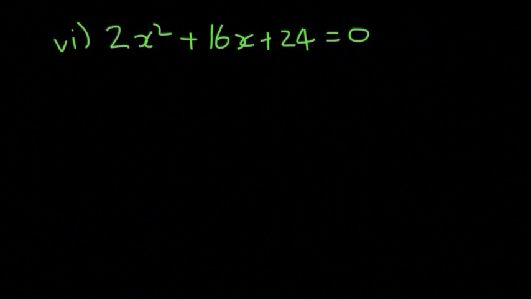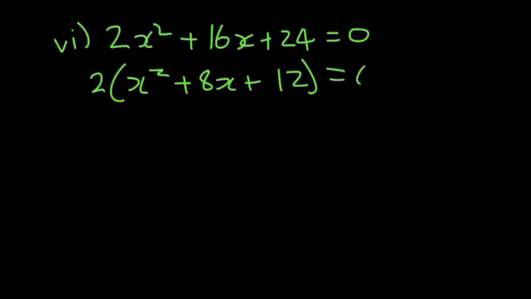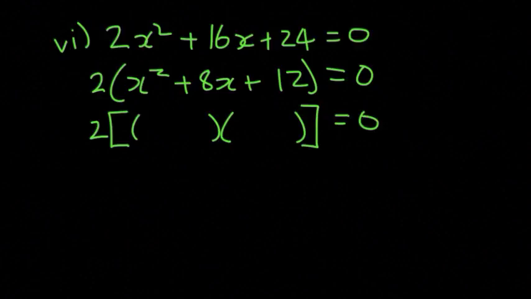In this example, the really important point is that we always need to take out a common factor whenever possible. The common factor in this quadratic equation is 2, so we're going to take out that common factor. We'll have x squared plus 8x plus 12 equals 0. Now I'm going to factorise that quadratic expression, and we'll have 2, and we'll put some square brackets here, with two sets of brackets inside the square brackets, equal to 0.